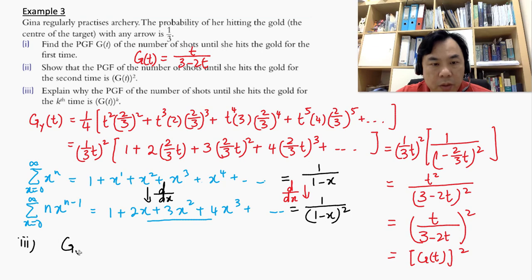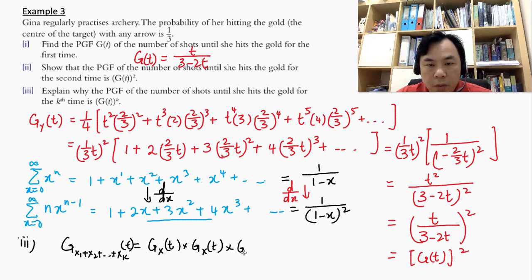For instance, the total number of shots X1, X2, and so on and so forth until the k-th time is given by, so the probability generating function of the sum of the shots until she hits the goal k number of times is given by the product of the individual probability generating functions k number of times. Which means you multiply it by one time, two times, three times, until of course k number of times.